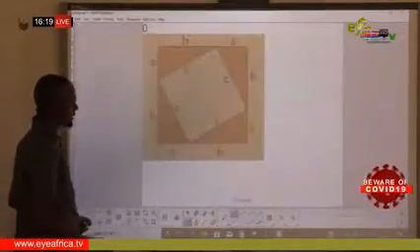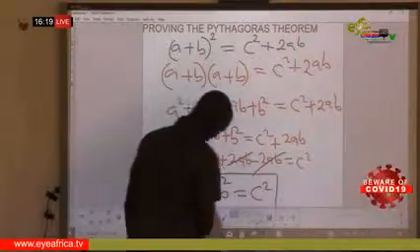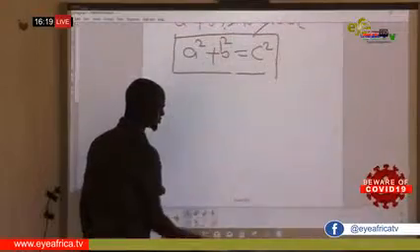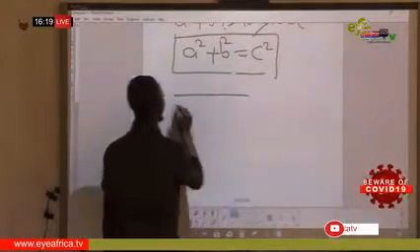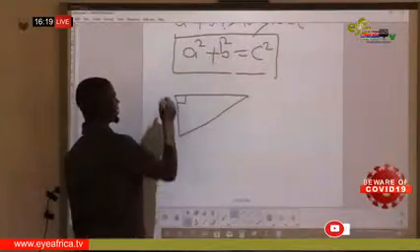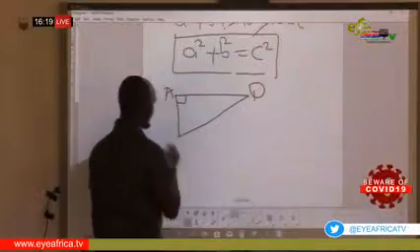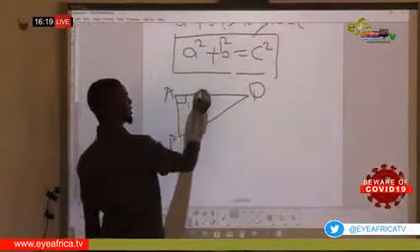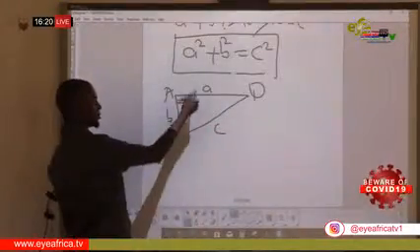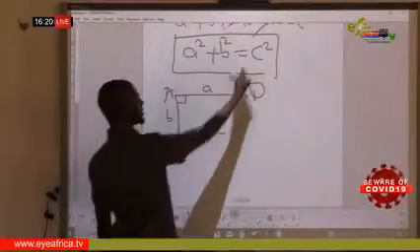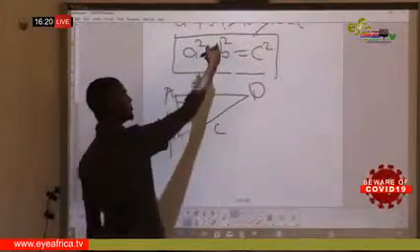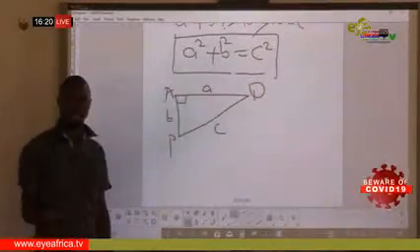If you have AQP there as the right angle triangle, you have A, Q, and P. This is A, and this is B. Here is C. So, applying the Pythagoras theorem, you can see C square here is the hypotenuse, and A square is one leg of the right angle triangle, and another one is B square is the other leg of the right angle triangle.